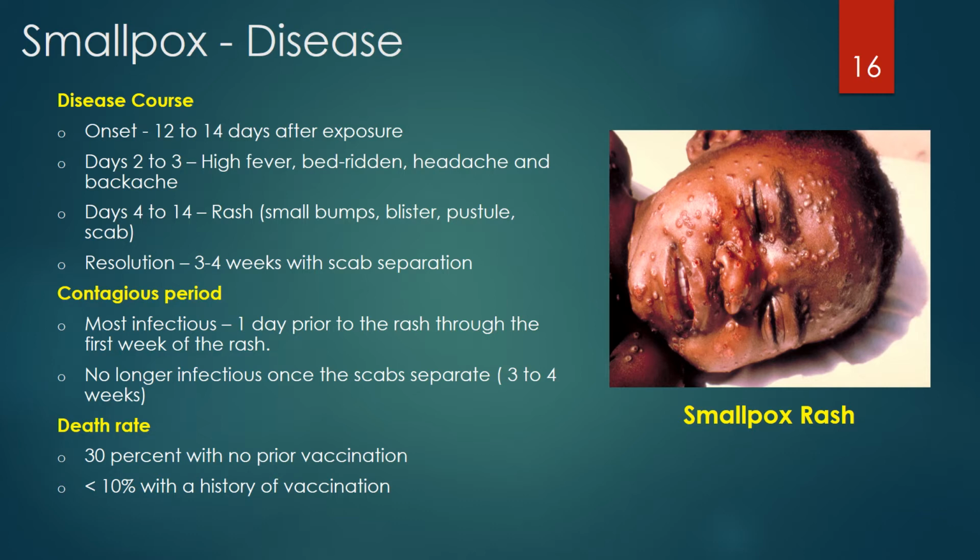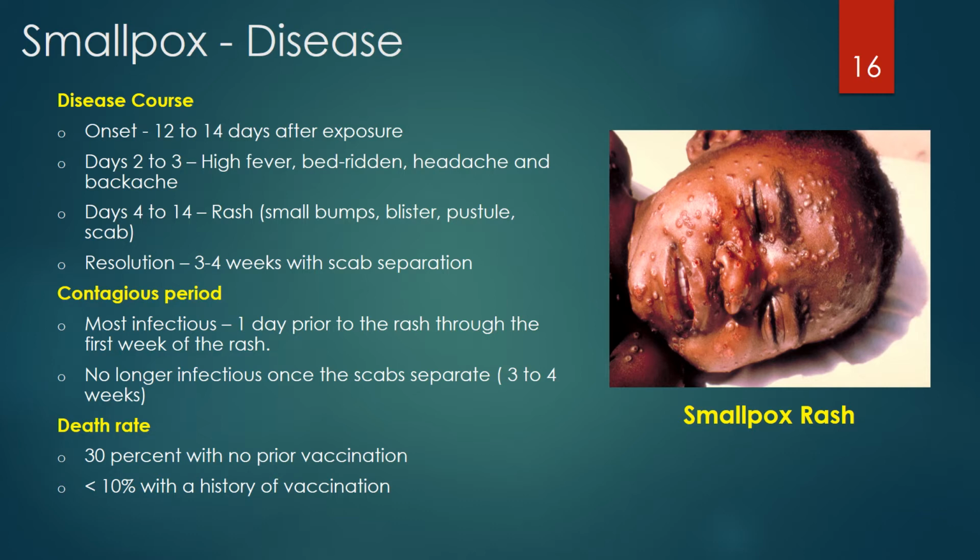The classic smallpox rash started on days 4 or 5 of illness. The rash progressed from 4 to 14 days from raised red bumps to fluid-filled vesicles or blisters that turned into pustules and then scabs. The scabs separated from the skin at about the 21st to 28th days of the illness, often leaving scars.